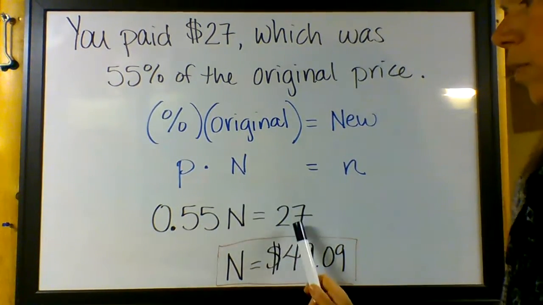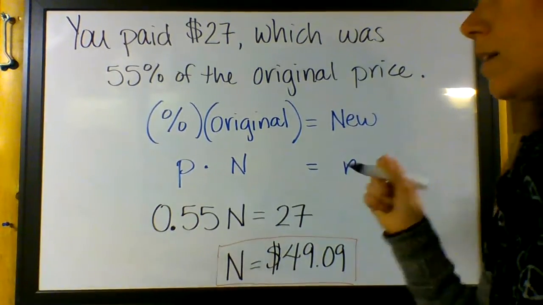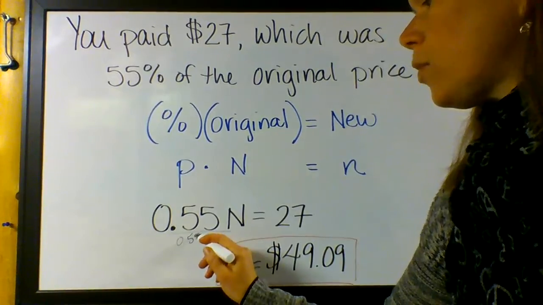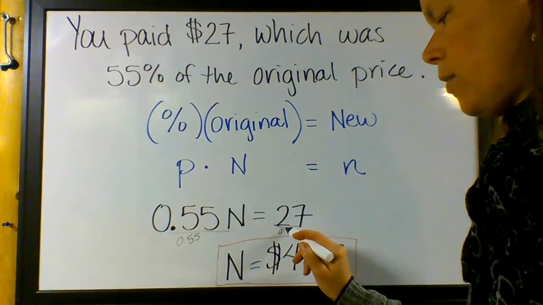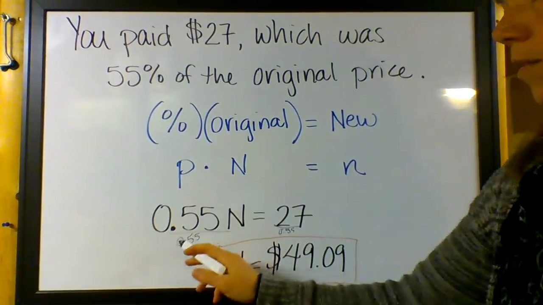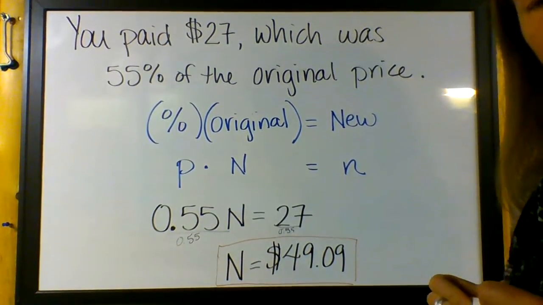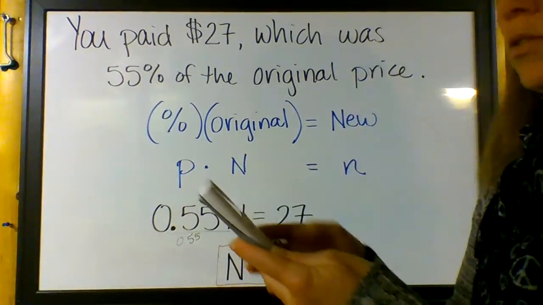Times N equals 27. So then, hopefully everyone remembers at this point, I'm going to divide by 0.55 on both sides. Divide by 0.55, right? One on the left and on the right. And if you go ahead and grab your calculator, you should see, if I didn't make a mistake, let me do this again.